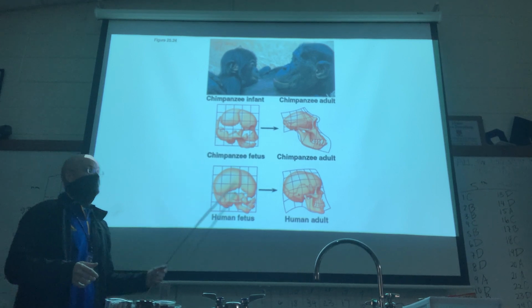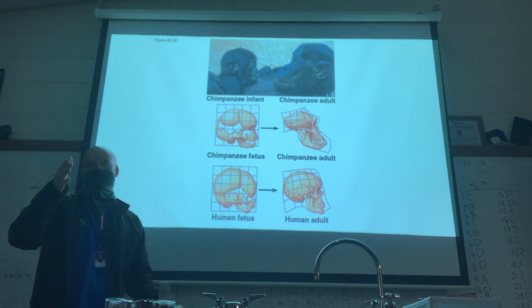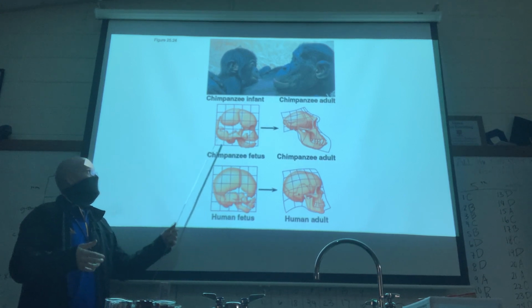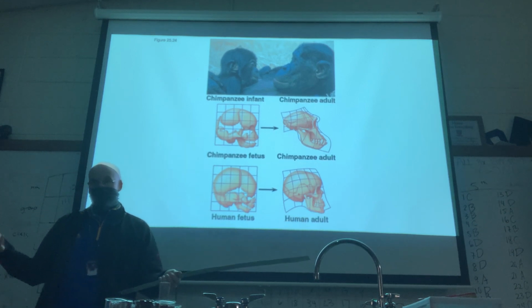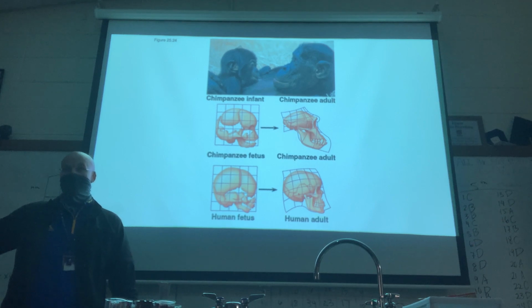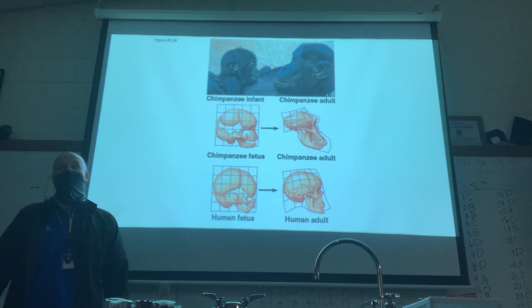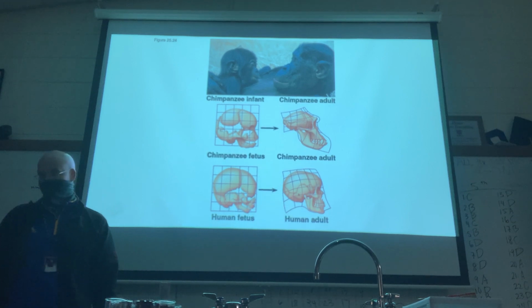A lot of this is about genes that control the timing of our development. Those genes have been changed in different ways in our two populations. We see the results and the kind of subsequent fitness that we have compared to chimpanzees.